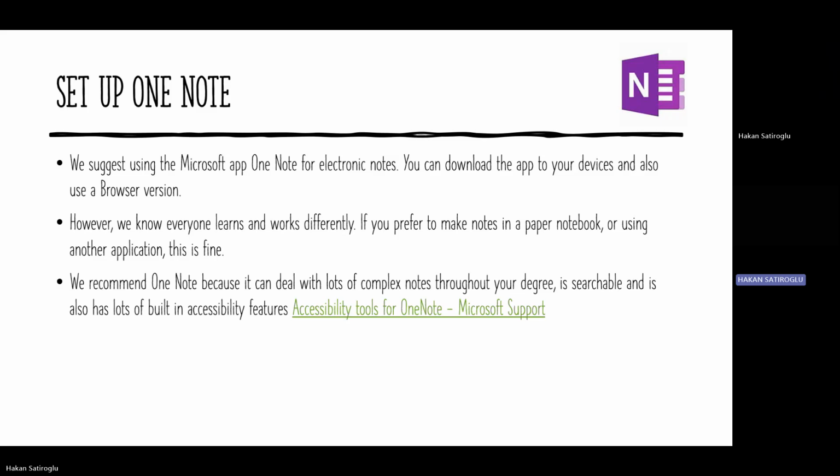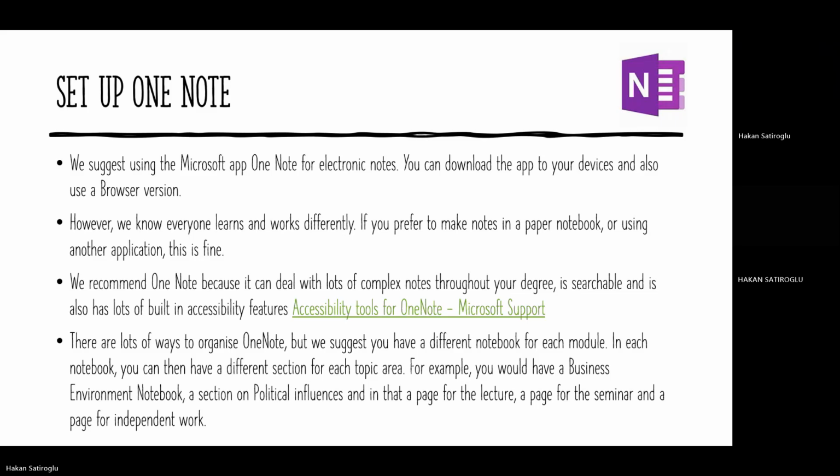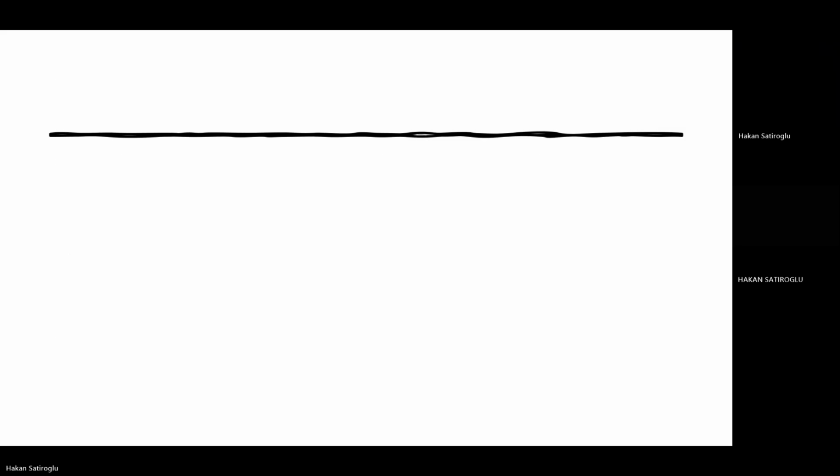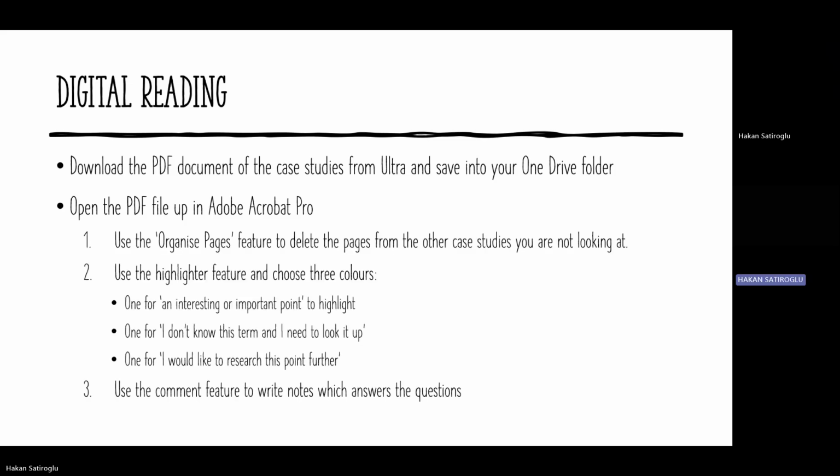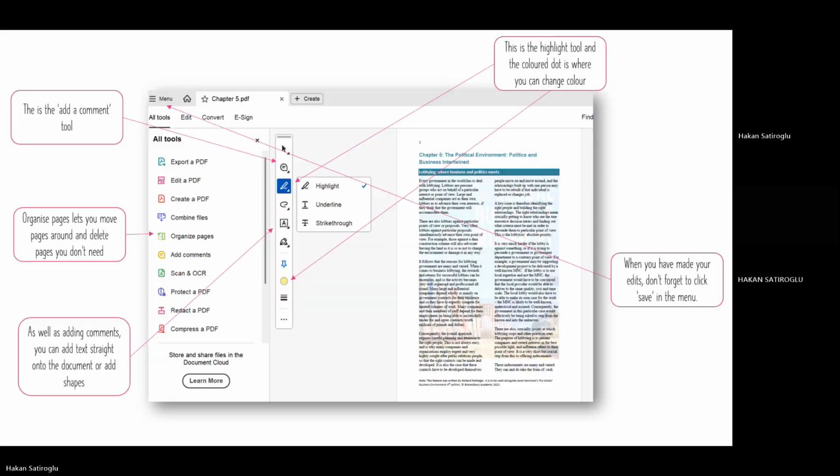If you want to point out or underline any further research, you can highlight those sections. So these are notes. This is one of the illustrations you can do.